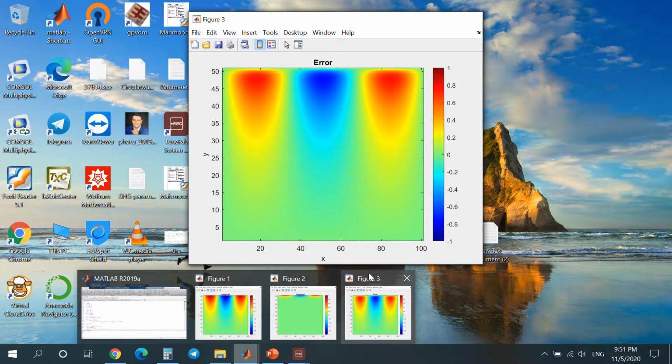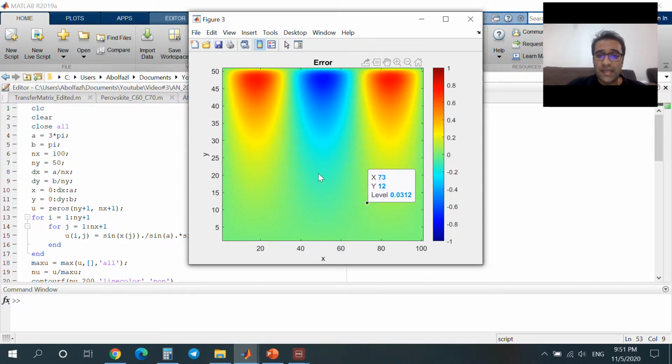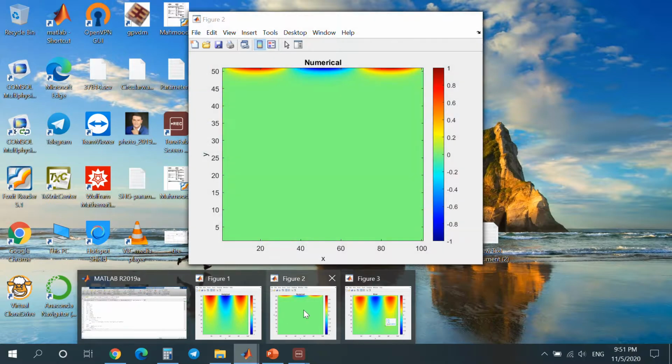You see, we have a large error for our numerical solution. And this error is maximum somewhere here, but at the upper boundary, you see it's green, and green is 0. It says that at the points close to the upper boundary, our solution is close to the analytical, but as we go further, you see, the error increases.